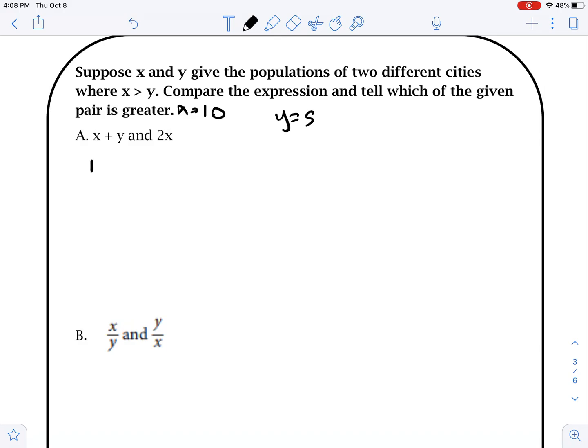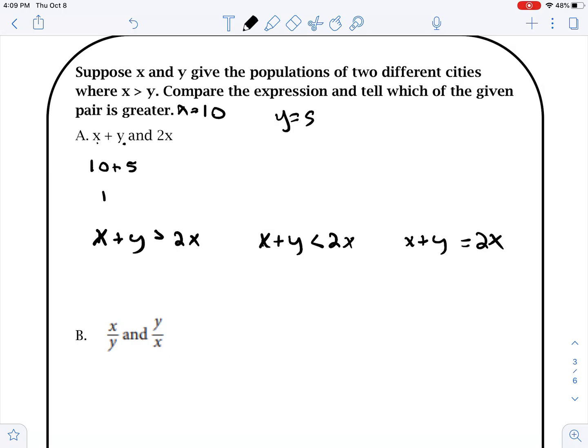So I did this first part, add your X and Y together, and we want to compare it and see which one would be bigger. So the idea is this: is X plus Y greater than 2X? Is X plus Y less than 2X? Or is X plus Y equal to 2X? So these are our 3 options.